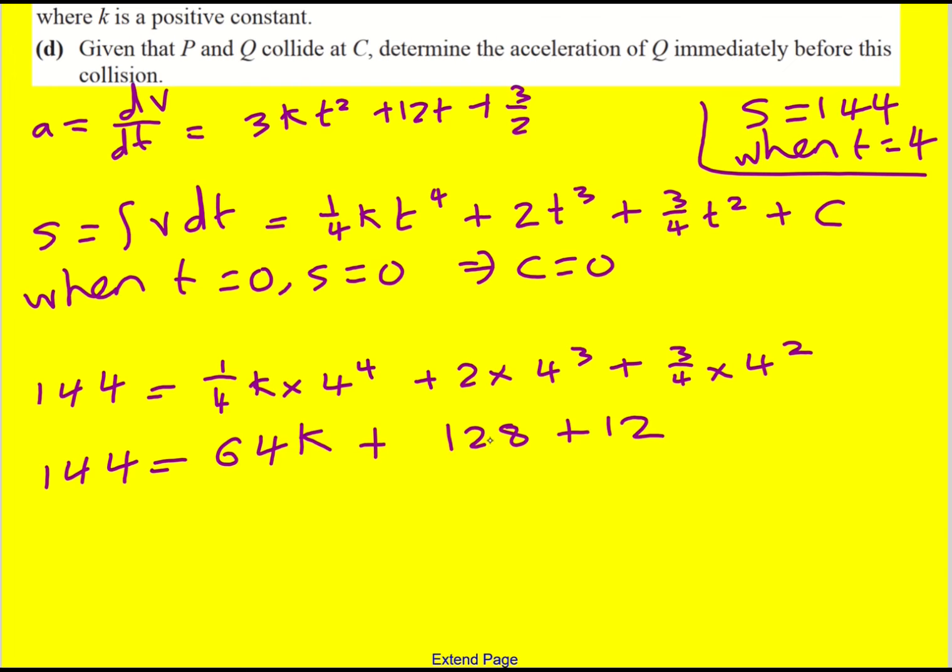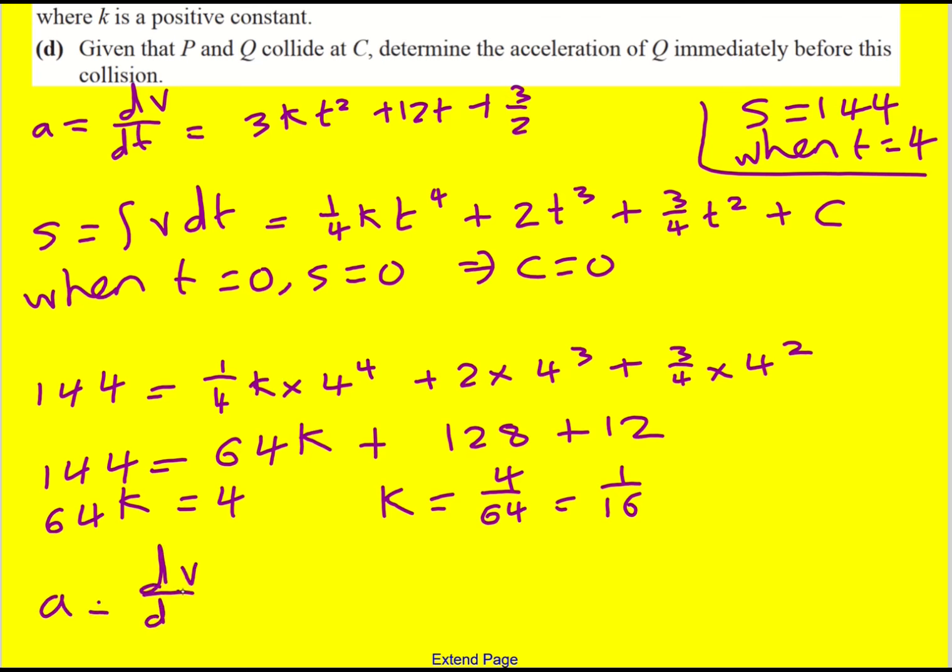That becomes 140, so 64k is equal to 4. k is going to equal 4 over 64, or 1 over 16. So that means a, or dv by dt, is going to equal 3 over 16 t squared plus 12t plus 3 over 2.